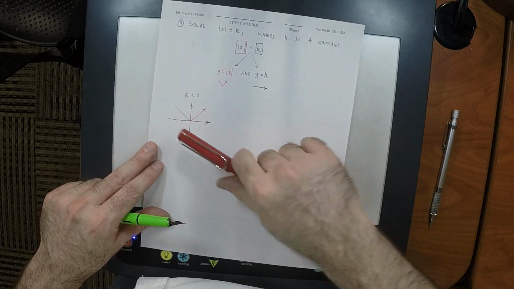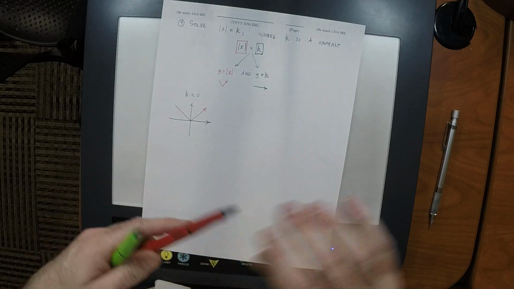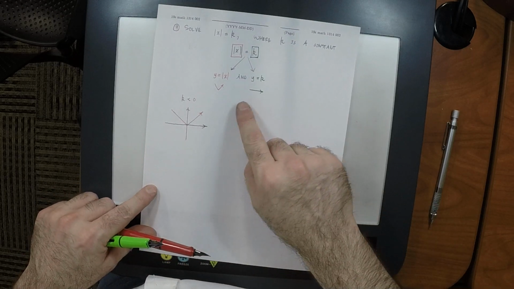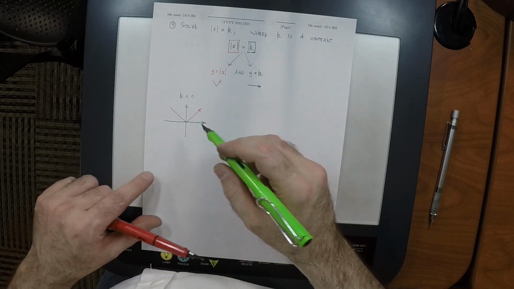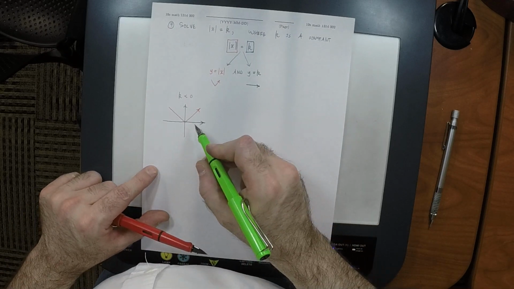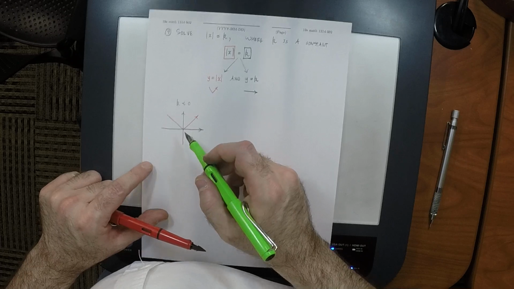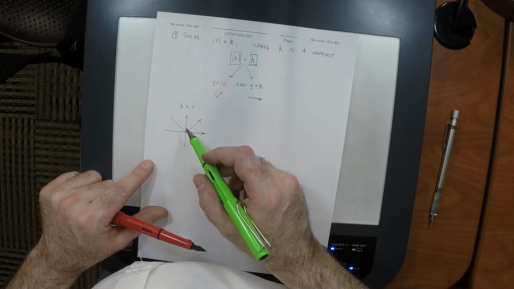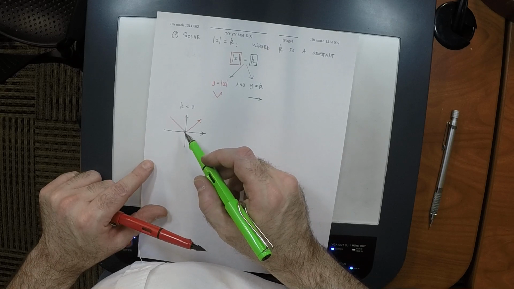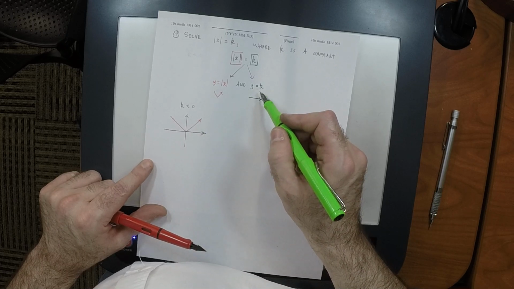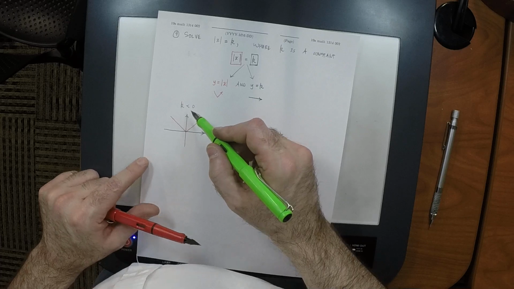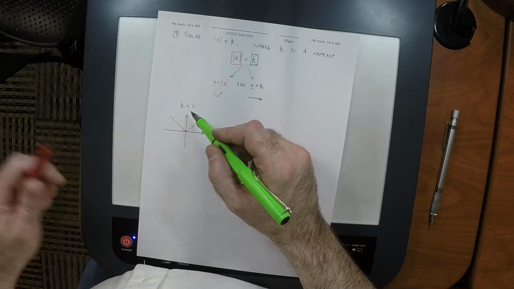Where will it be situated on the axis? So we're talking about y is k, and we're taking the particular case when k is some negative value.